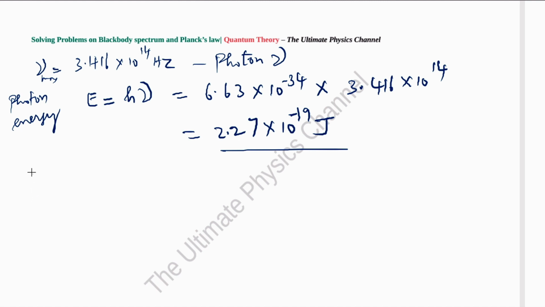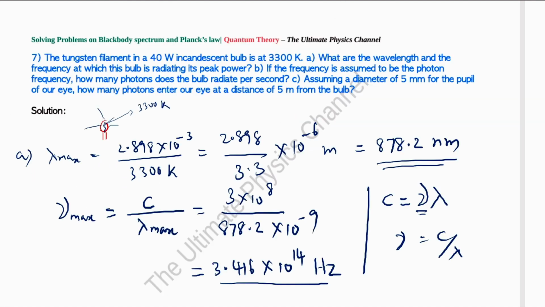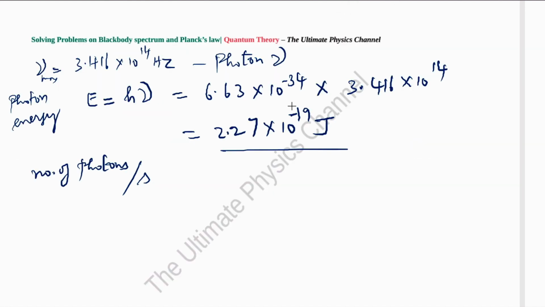The number of photons that the bulb is emitting per second can be calculated, obviously, because we have the power of the bulb given as 40 watt here, which is 40 joules per second.